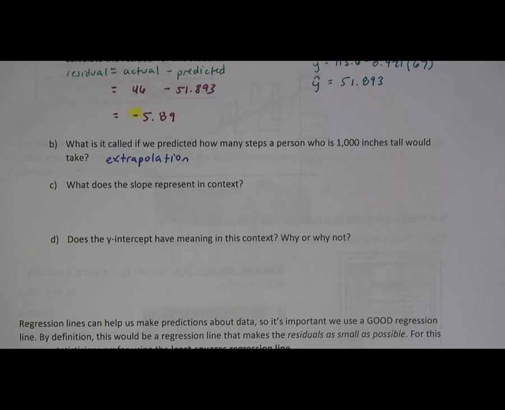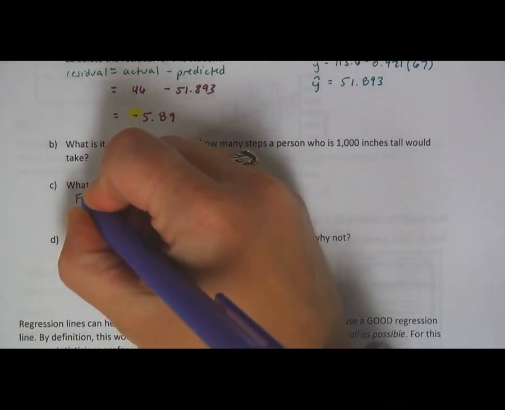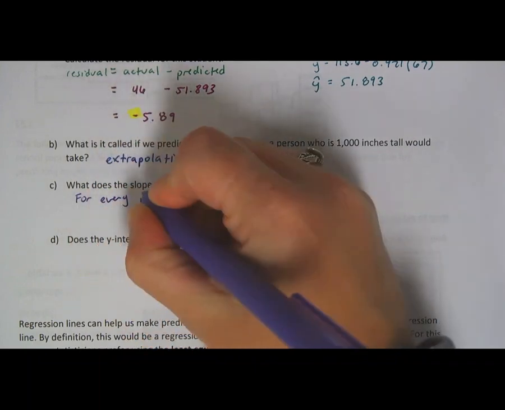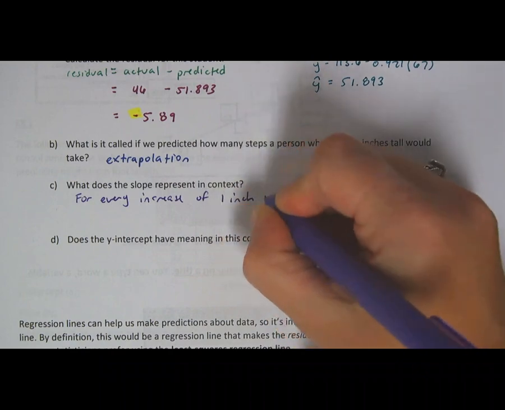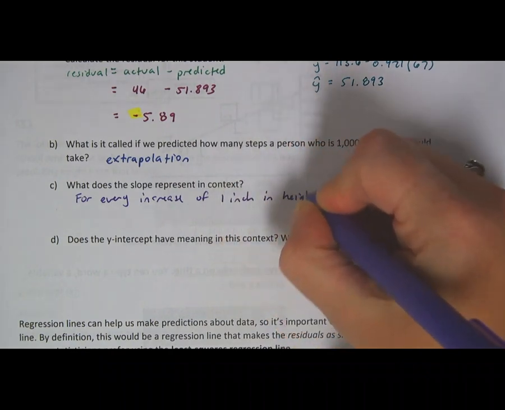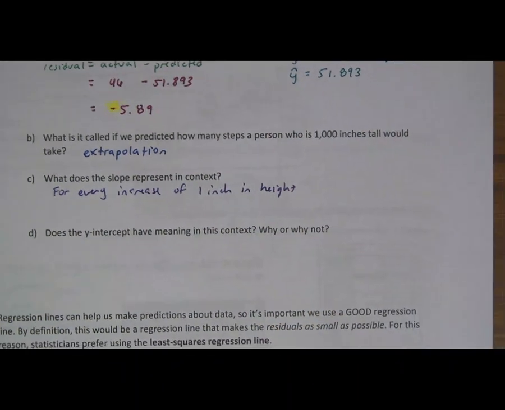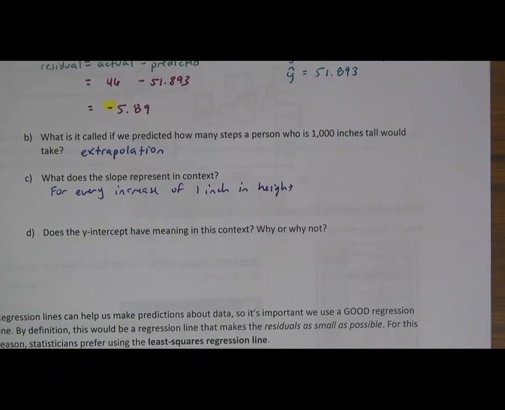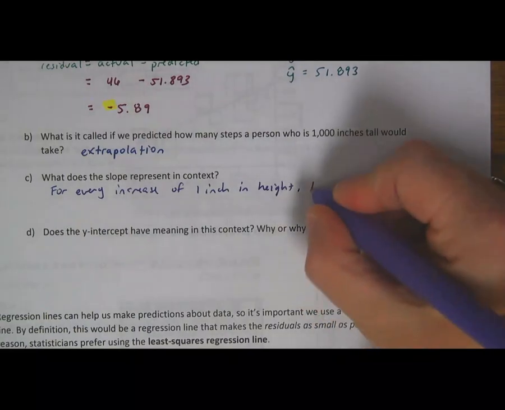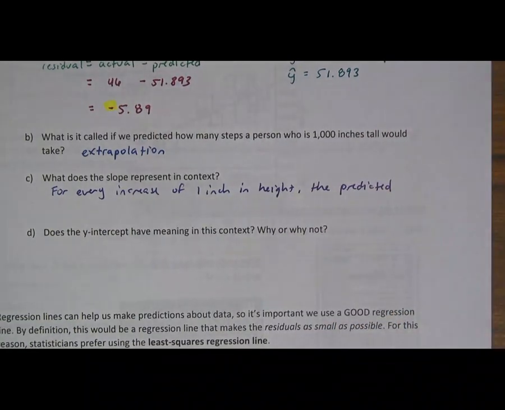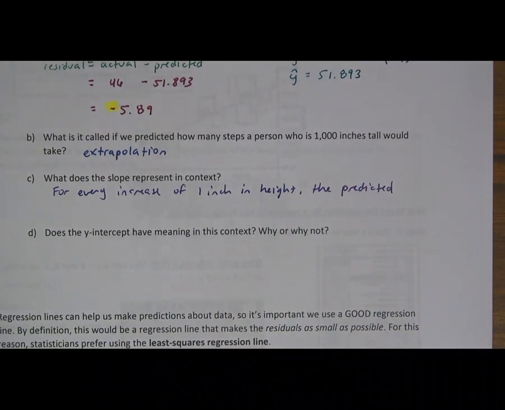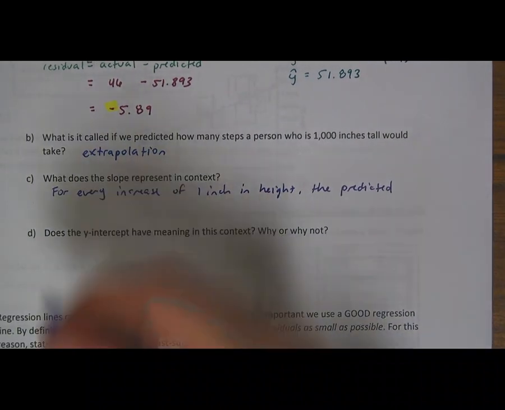So here, since x represents the height of a student in inches, that means for every increase of 1 inch in height, as x goes up by 1, that's always how your slope phrase starts. The predicted, and then figure out what your y is in context, and that's the number of steps. So I'm just going to say the predicted number of steps.